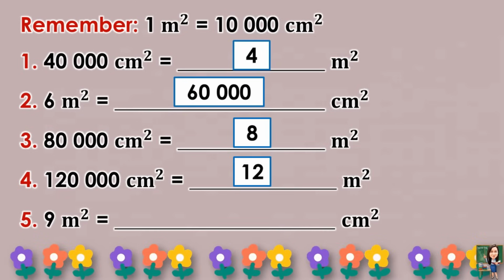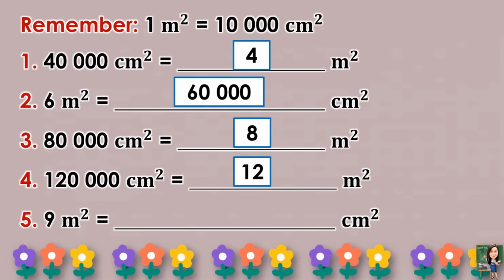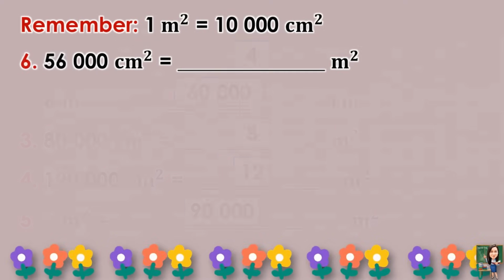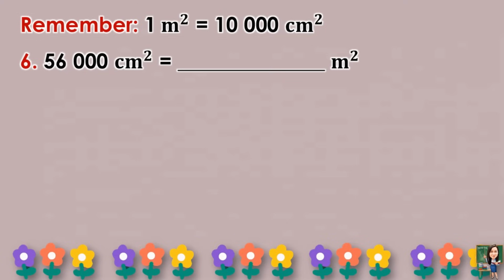Number 5. 9 square meters is equivalent to how many square centimeters? Very good. The answer is 90,000 square centimeters. Why? Because we multiply 9 by 10,000. Number 6. 56,000 square centimeters is equivalent to how many square meters? Very good.